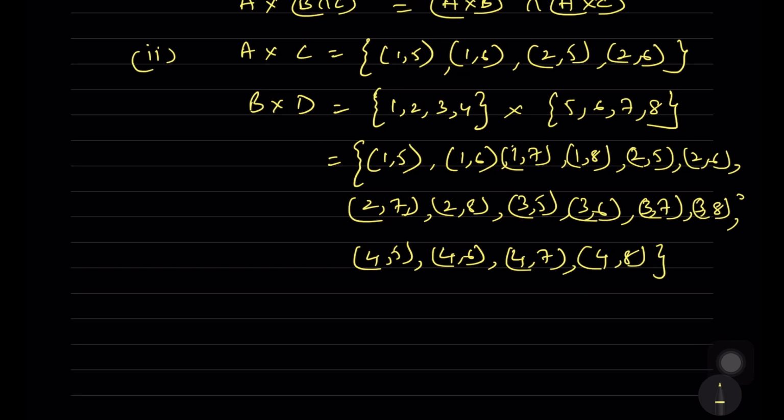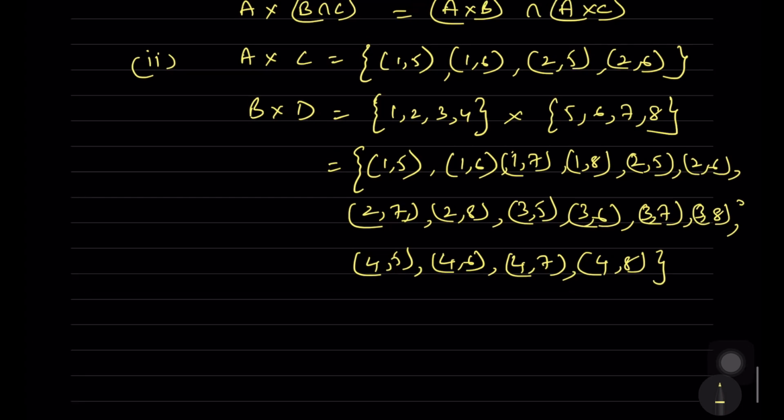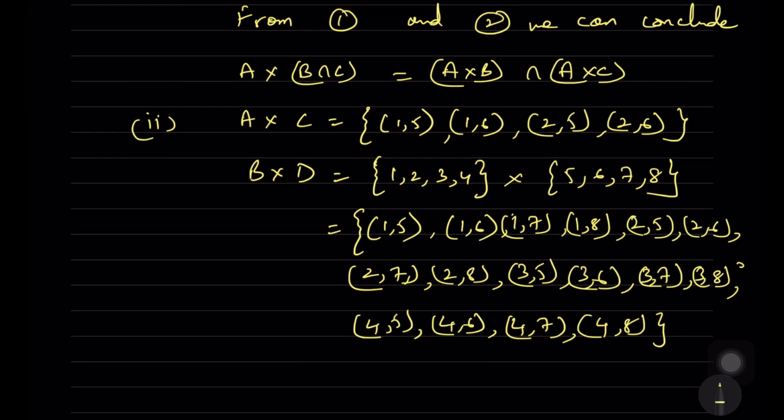Now we have to see over here whether set A cross C consists of elements of B cross D. So here you can see that in A cross C, you have 1,5. Is it there in this? Yeah, 1,5 is there in B cross D. Then 1,6 is also there. Then we have 2,5, we'll check it out. Yes, we have 2,5 here. We have 2,6 also.